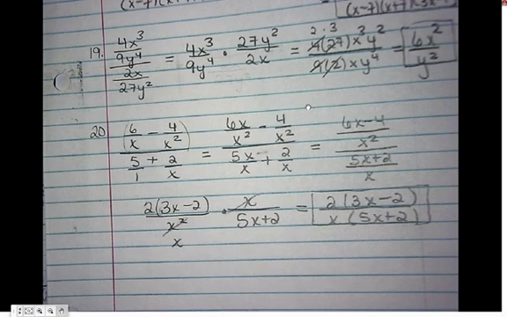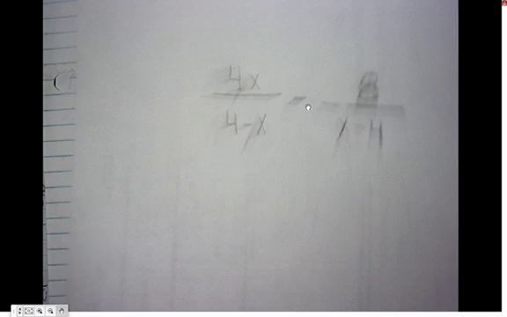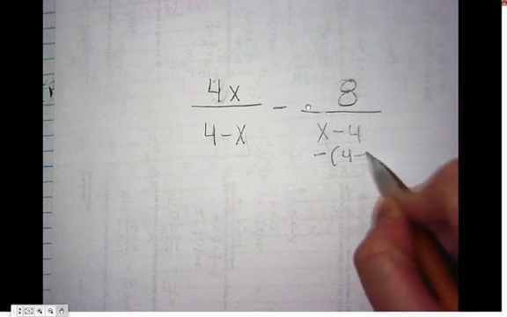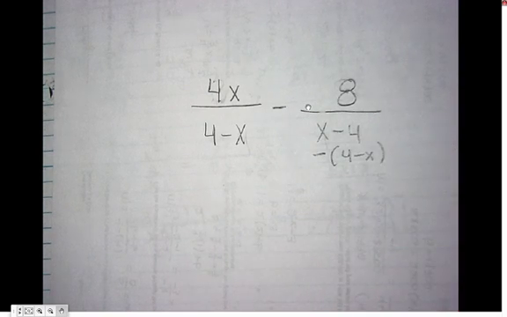You could do x minus 4, or you could do 4 minus x. Either way would work. The way I typically do it is I want to work on the second fraction because I find it's easier to have signs in the middle as opposed to signs in the front. So I'm going to factor out the negative in the second one.